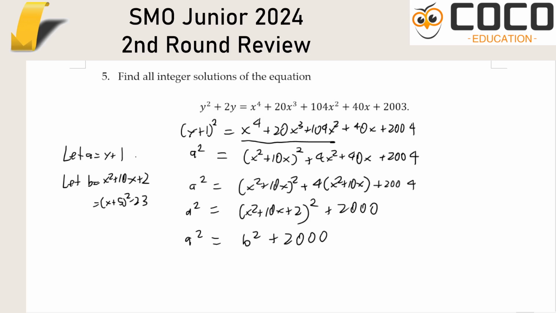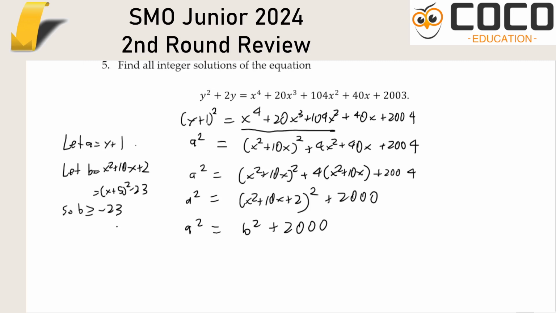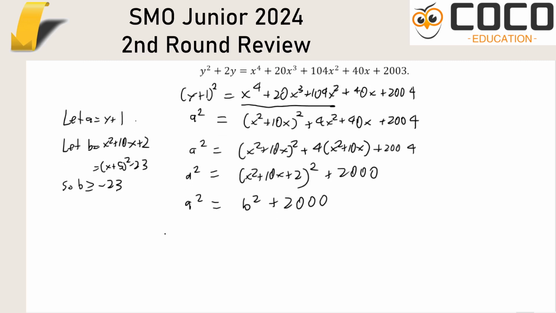It's also true that I can save a bit of time by saying that b is at least negative 23. So I do not need to worry about all the possible positives and negatives. Otherwise, it's a bit annoying. Okay, so what do I do?